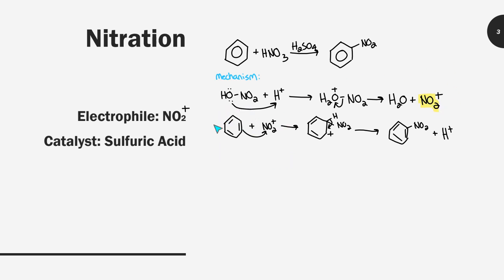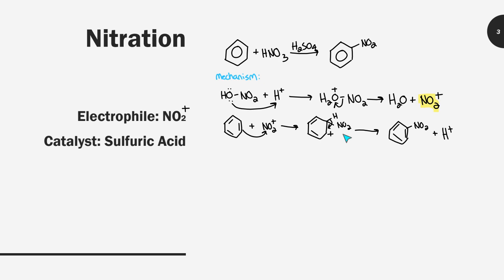So the ring is nucleophilic because of these pi electrons. It's electron dense, so it can give electrons away to an electrophile. So the arrow will come from one of the double bonds in the ring to the nitrogen because the nitrogen is holding a positive charge. That will break this double bond, and the nitro group will add to one of the double bonded carbons, and a positive charge will form on the other one.